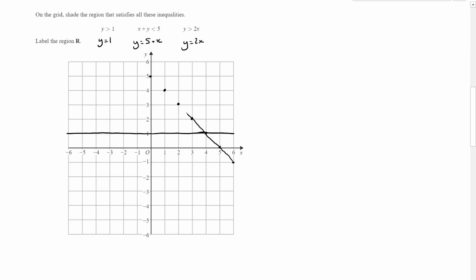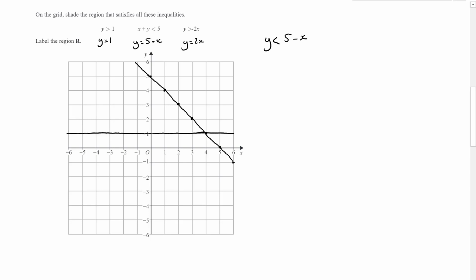You guys will use a ruler to draw this line as accurately as possible. Now this is going to become y is less than 5 minus x. So we're looking for things below this line. So we are looking so far at this enclosed region here.